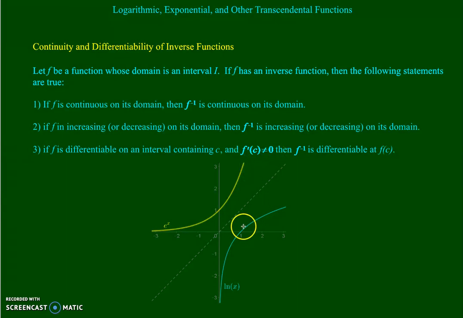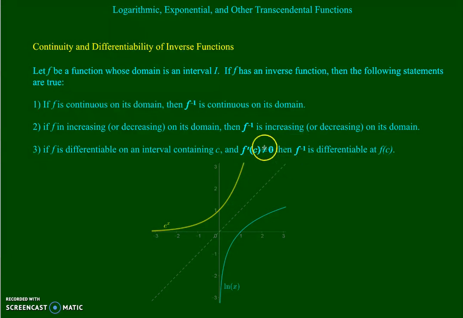That is, the slope of the tangent line at that point isn't 0, meaning that the tangent line isn't horizontal, because if the slope of the tangent line of the original function is horizontal, that would mean the slope of the tangent line of the inverse would be vertical. And of course we know if the tangent line is vertical, the function is non-differentiable at that point.